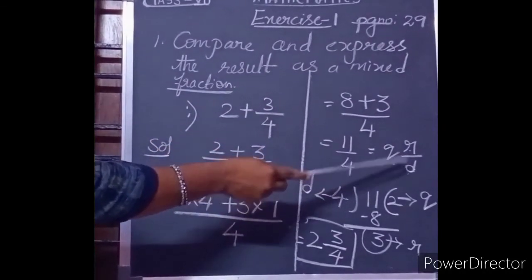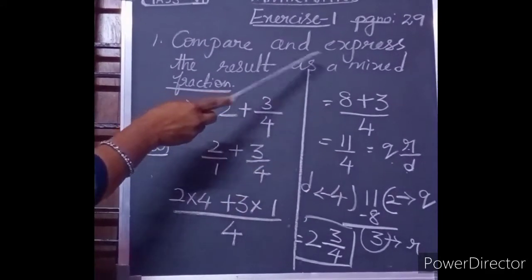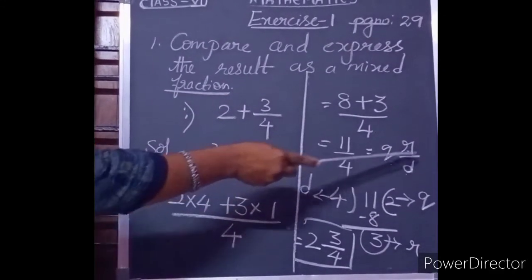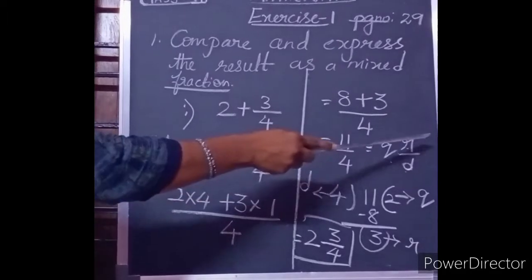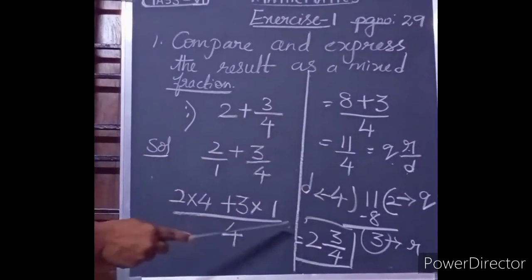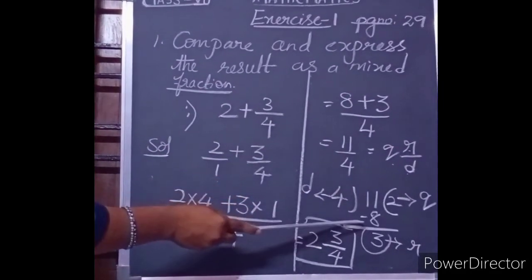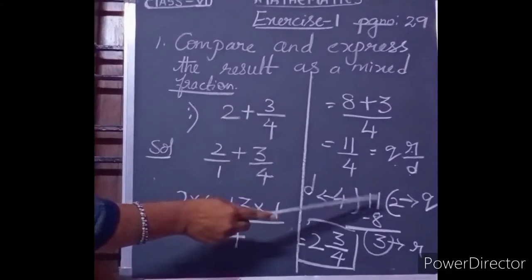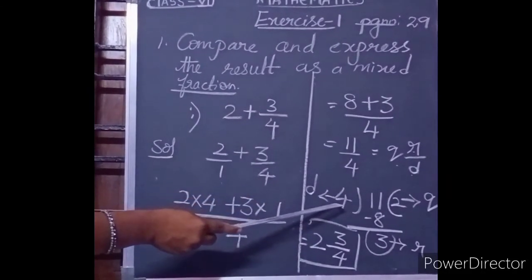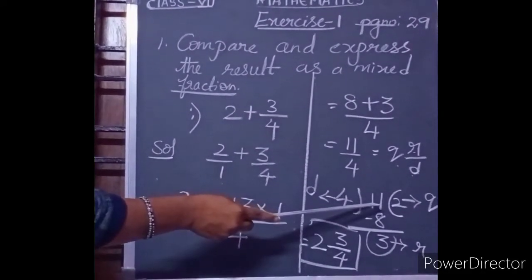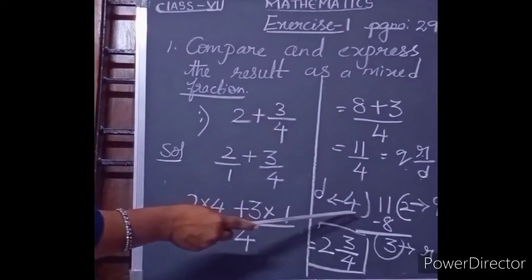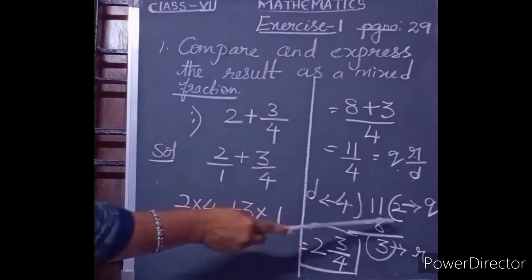So to make it a mixed fraction, we have to write the QR by D formula: quotient, remainder by divisor. Now let us do the division here. 11 is the dividend. 4 is the divisor. What is the nearest number for 11 in the 4 table? 4 2s are 8. Why?